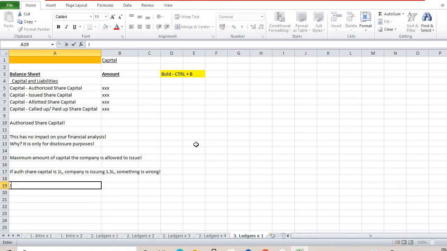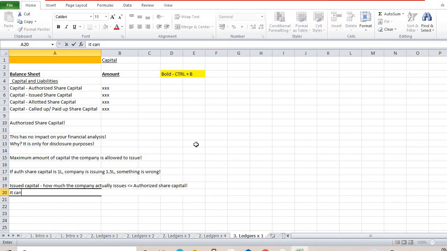So your issued capital is how much the company actually issues, and this will be always lesser than or equal to, and this is the symbol for lesser than or equal to. I know you put it in a different way when you actually write it down on a piece of paper, but your issued share capital will always be less than or equal to your authorized share capital.